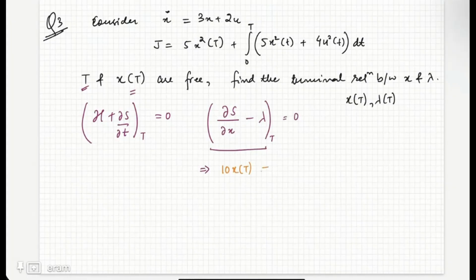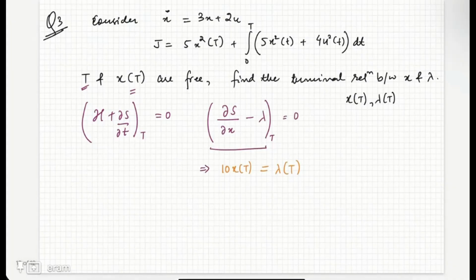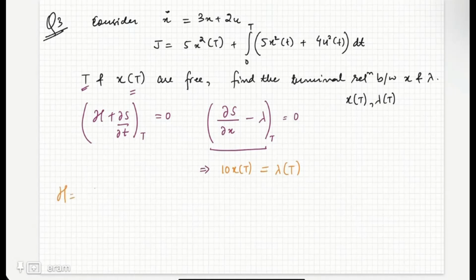Okay, let's solve and then we will see. So this gives us xdot of t equals lambda of t, and when we solve this one, this is equal to H. So the Hamiltonian is this expression.